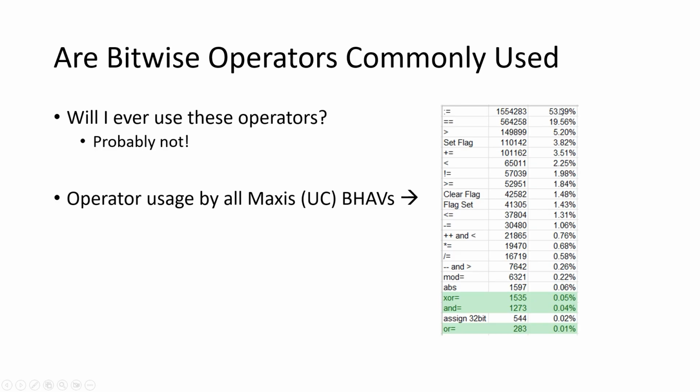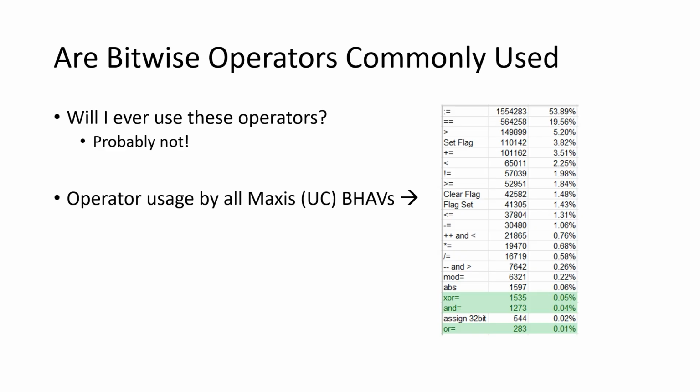If we go all the way to XOR, which is used 1,535 times, 0.05%. If we add XOR and OR up together, we just get to 0.1%. 1,000th of the operators in ultimate collection are the 3 bitwise operators.